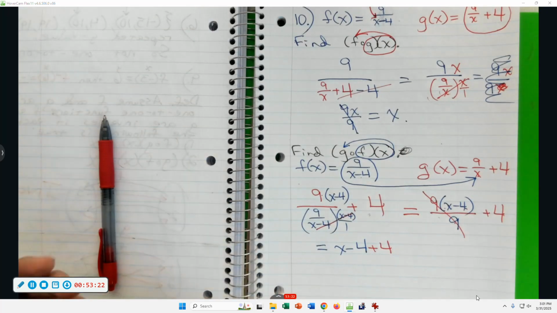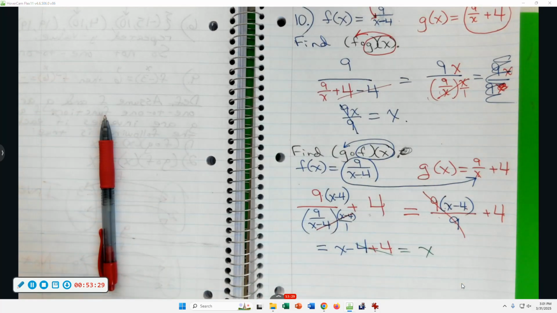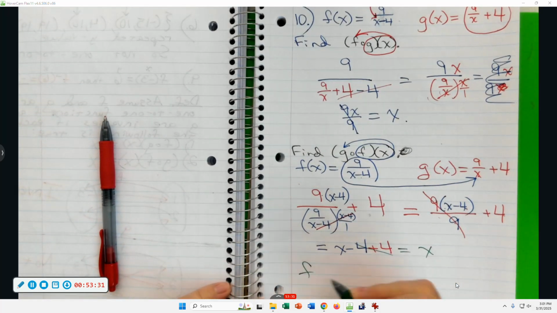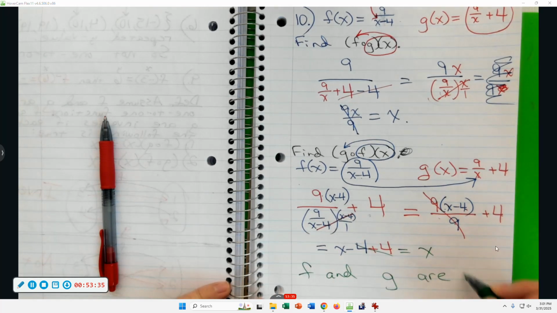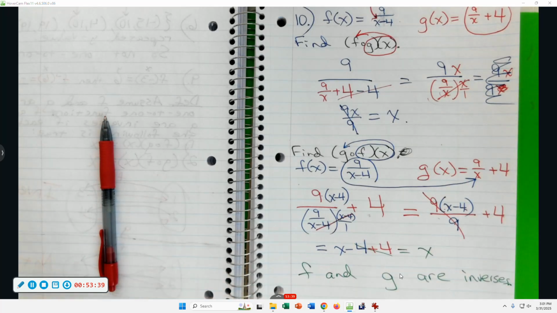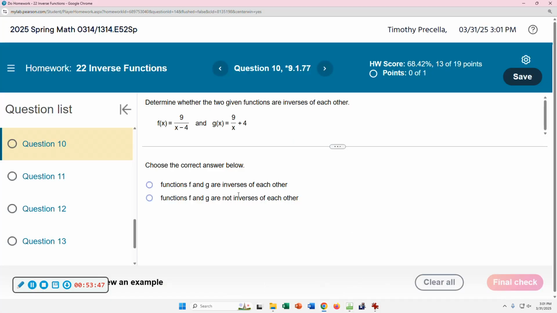And what's that going to leave us with? Just x. So now we are 100% confident f and g are inverses. A whole page of messy writing to convince ourselves that f and g are inverses.